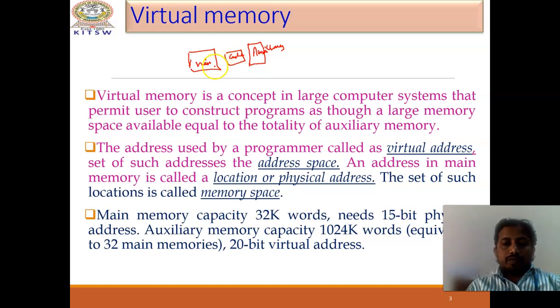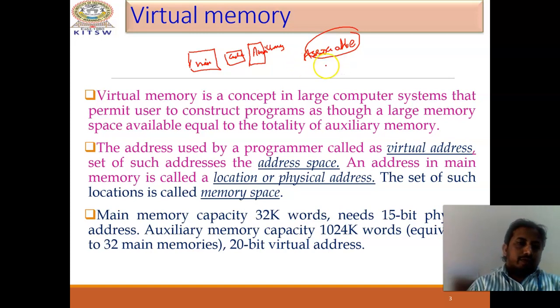In the previous video, we saw what a cache memory is and how it works. And before that, we discussed associative memories. Associative memories are a different type of memory. Okay? It is not part of the hierarchy of memory. And virtual memory is somewhat similar to the concept of associative memories.